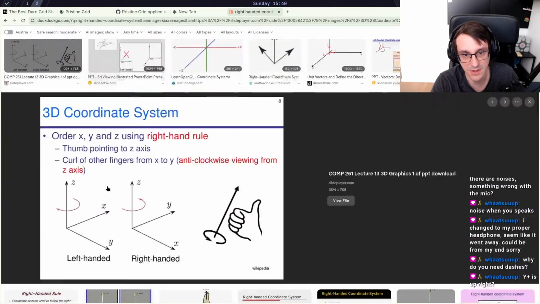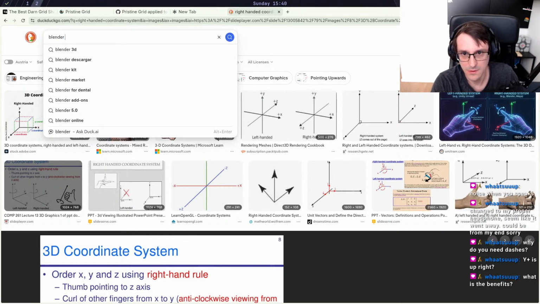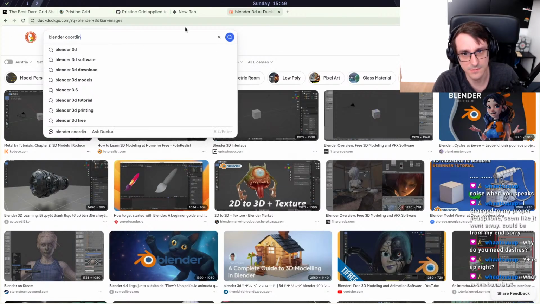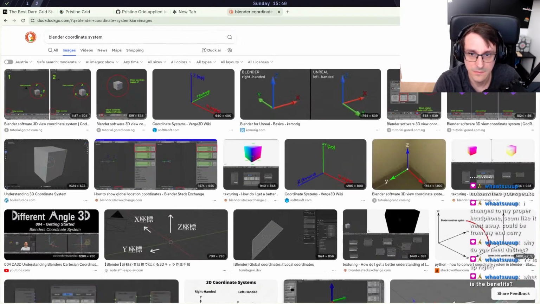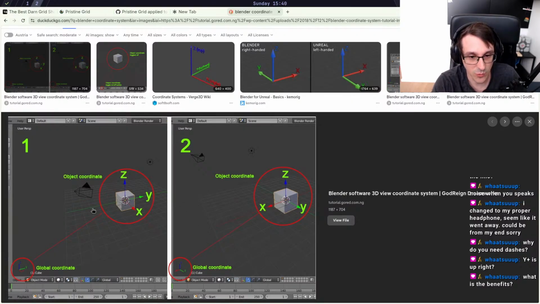Because that would be closer to, I think, Blender. Blender 3D, I think, has that coordinate system. See, so it's set up, Y to the right, X to the... Or, I mean, which one is Y and X is just an orientation thing, right?